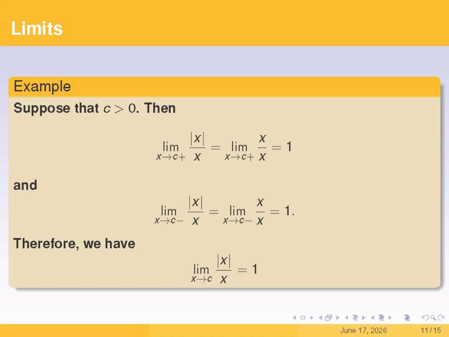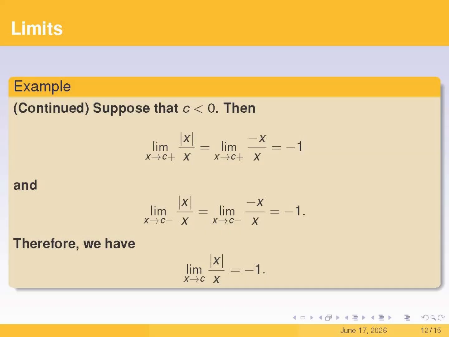Thus, we can simply remove the absolute value bars, meaning the left-hand limit is also 1. In other words, we find that both the left-hand and right-hand limits are equal to 1. Consequently, the theorem tells us that the limit of this absolute value function exists, and its value is 1.